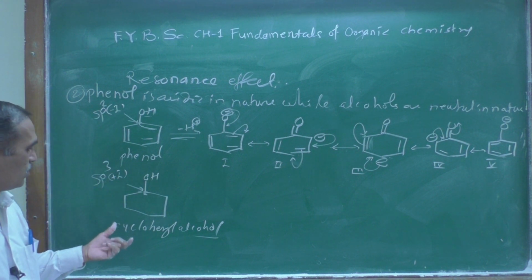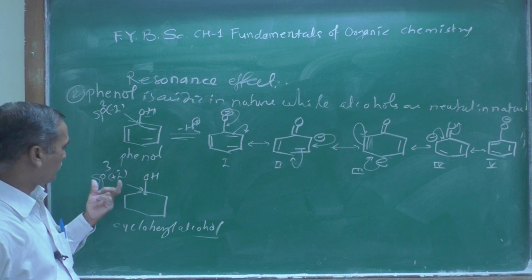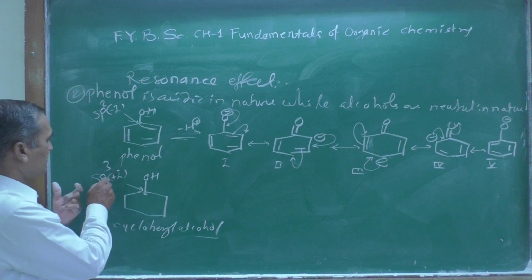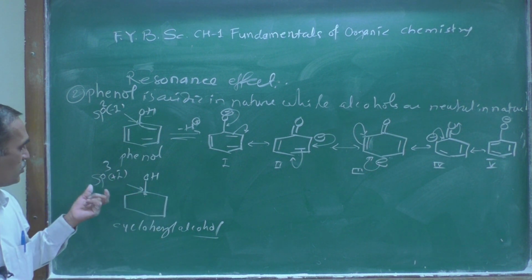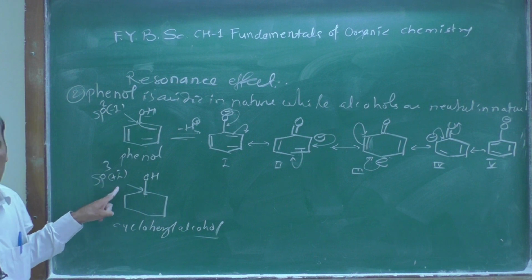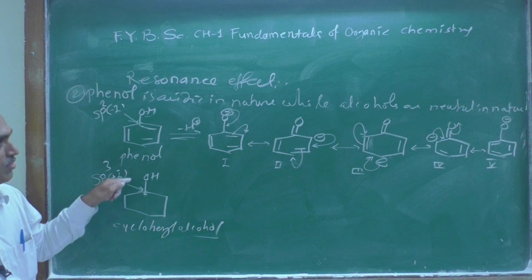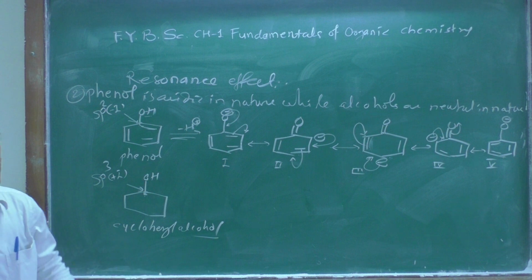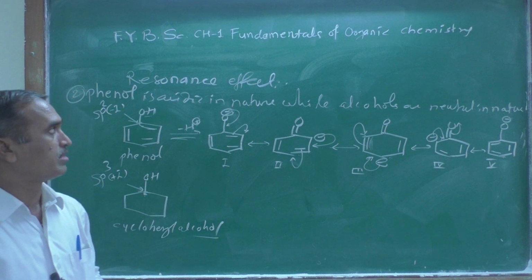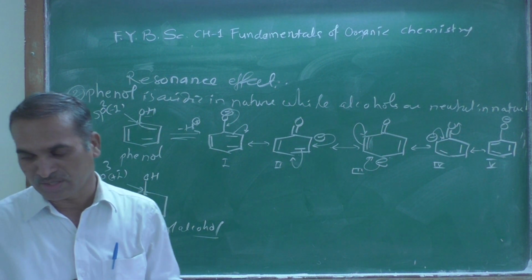Whereas in cyclohexyl alcohol, this carbon atom is sp3 hybridized and exerts a plus I inductive effect, and therefore alcohols are neutral in nature, whereas phenols are acidic in nature.